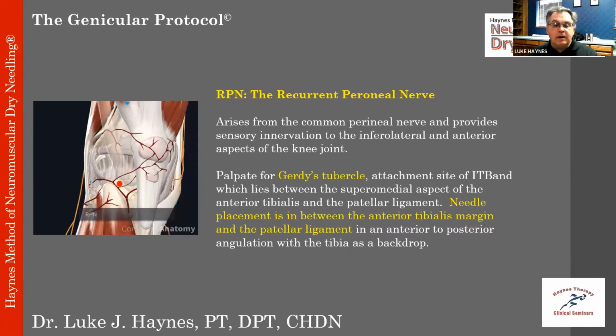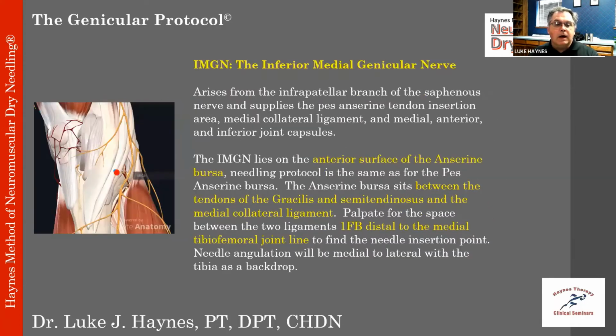The recurrent peroneal nerve sits just slightly inferior to Gerdy's tubercle, which is the attachment site of the IT band. The needle placement is between the anterior tibial margin and the patellar ligament margin. The inferior medial genicular nerve is the anterior surface of the pes anserine bursa.